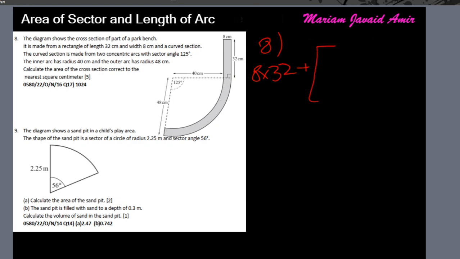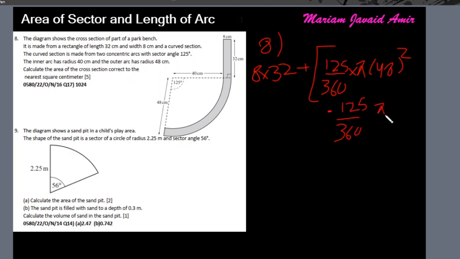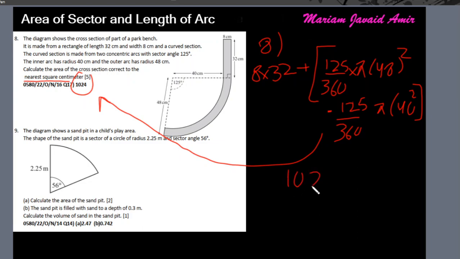So the total area is 125 over 360 times pi r square minus 125 over 360 times pi 40 square. Solve this and you should get this answer when rounded off to the nearest square meter. So it would be something like 1024.3 maybe, so that it gets rounded to 1024.